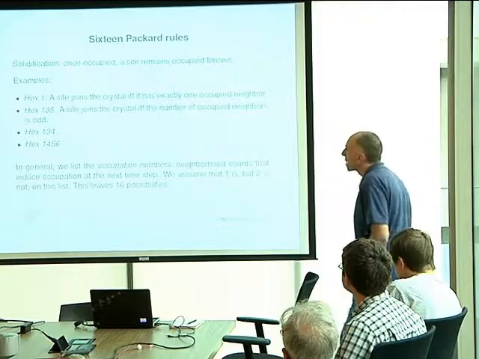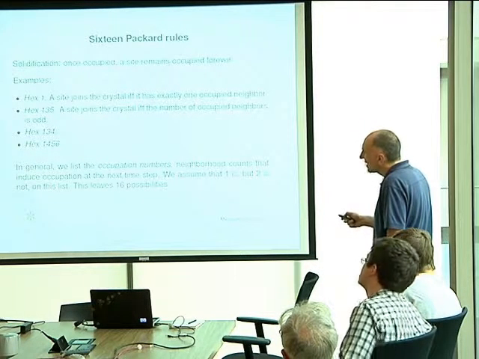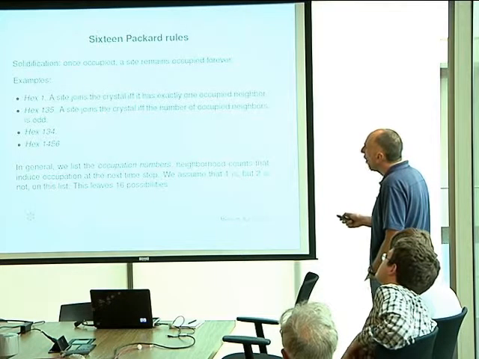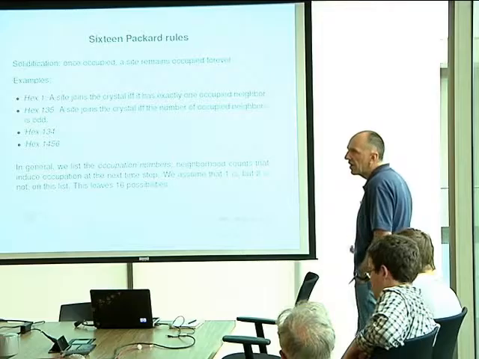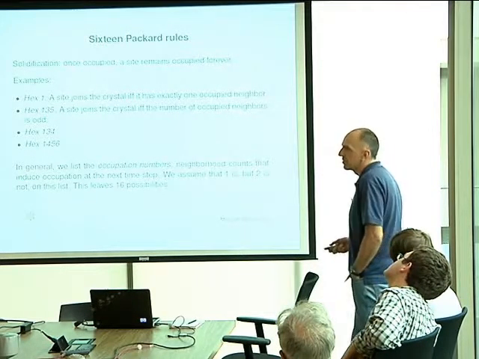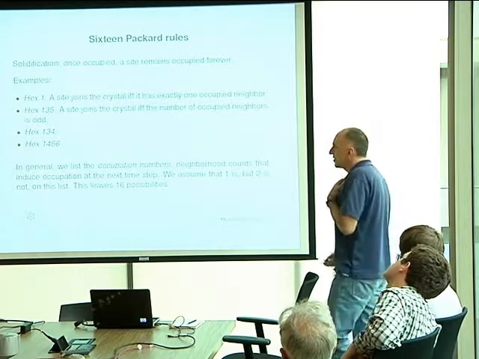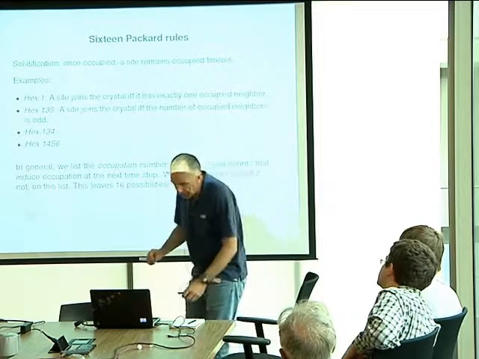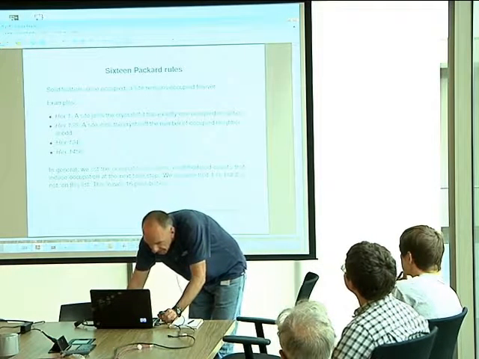And you write hex 1 if the only way for a site to join the crystal is if it sees exactly one already occupied site, and hex 1, 3, 5 if it sees 1, 3, or 5, hex 1, 3, 4, and hex 1, 4, 5, 6. All right, so these are called occupation numbers. So let's look at some movies. All right, which we have.